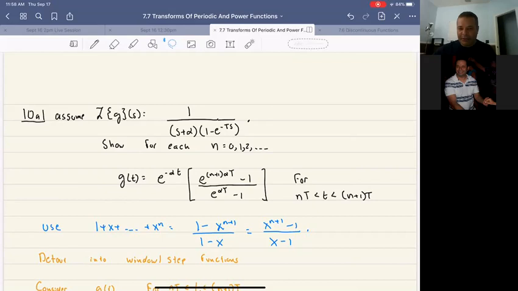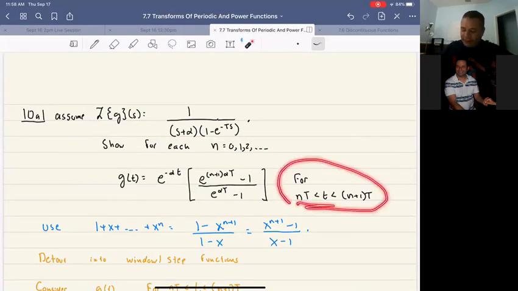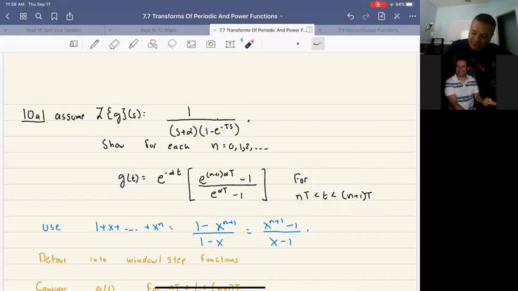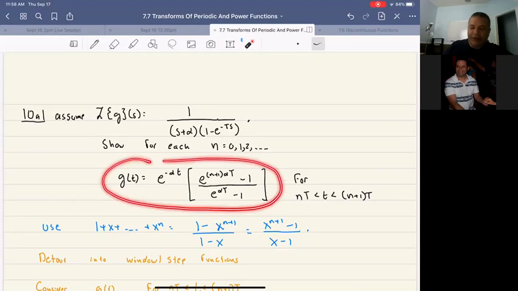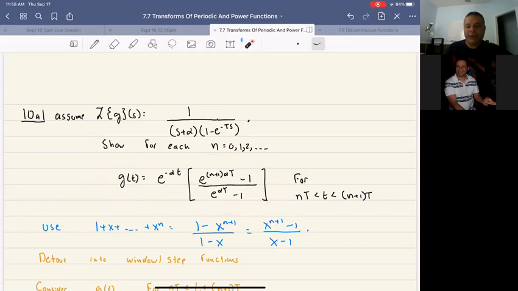So what the problem says is we're going to have the same Laplace transform that we had in number 9, okay? We're going to take just one window of it, and we're going to say that we can express it this way for that window, okay?